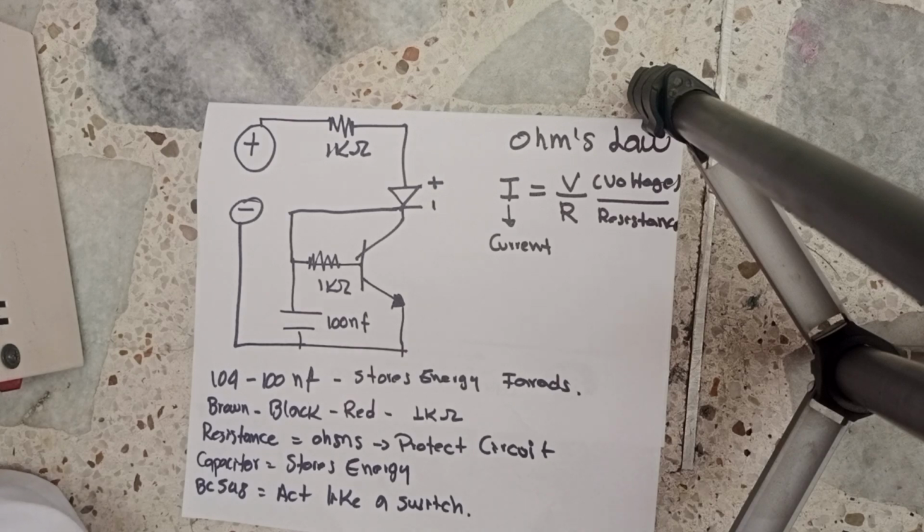Also, if the current flows in the inverse way, the LED won't allow this. That's why the LED is called a diode. LED equals diode, right? The LED will protect the circuit and won't allow electricity to flow backwards, right?